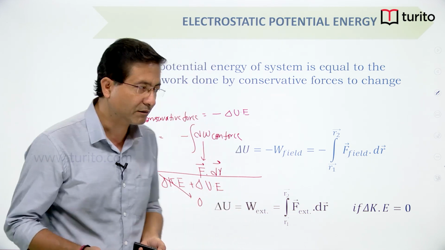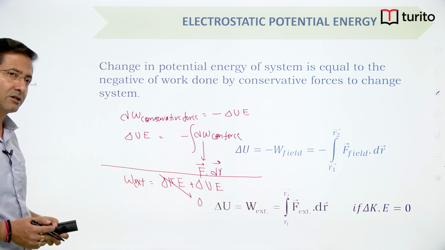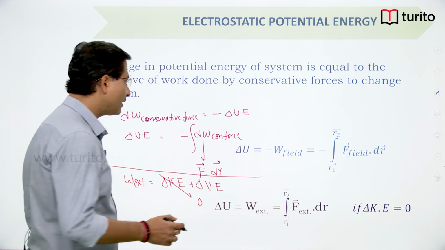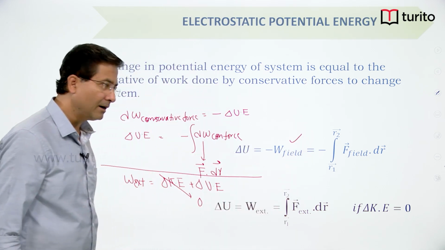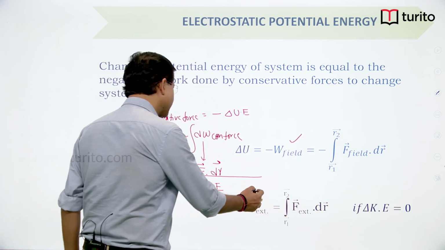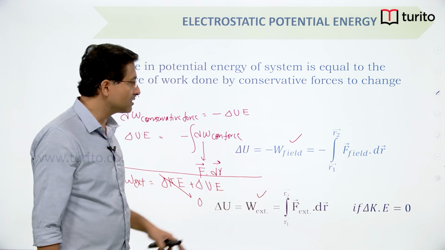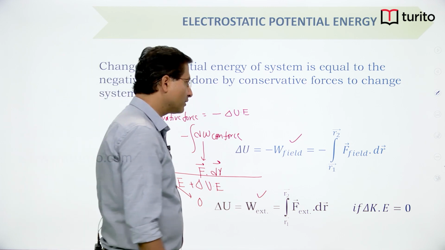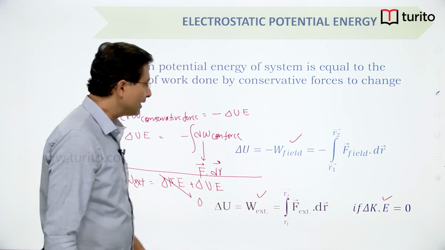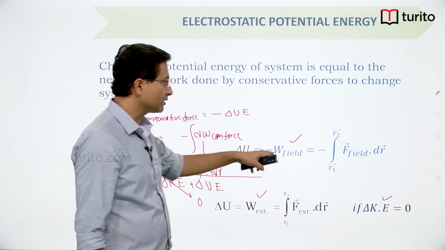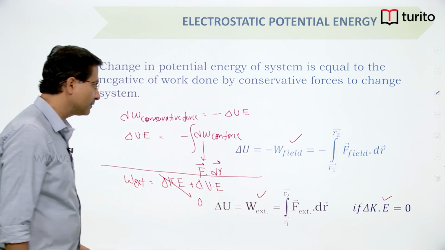Out of these two definitions you can use any to get the change in potential energy of the system. You can go by work done by field or by work done by external agent. But when you go by the external agent definition, you have to make sure there is no change in kinetic energy, and there is no such condition required for the other.